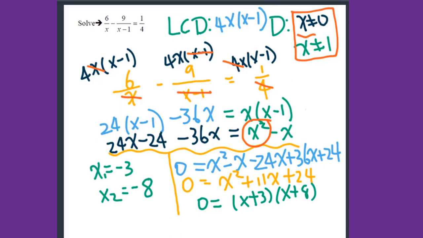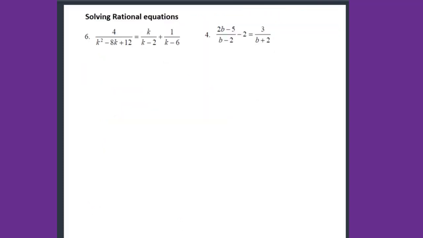Check the domain. As long as x is not equal to 0 and x not equal to 1, that means it's a good solution. Therefore, these will be the solutions to this equation.